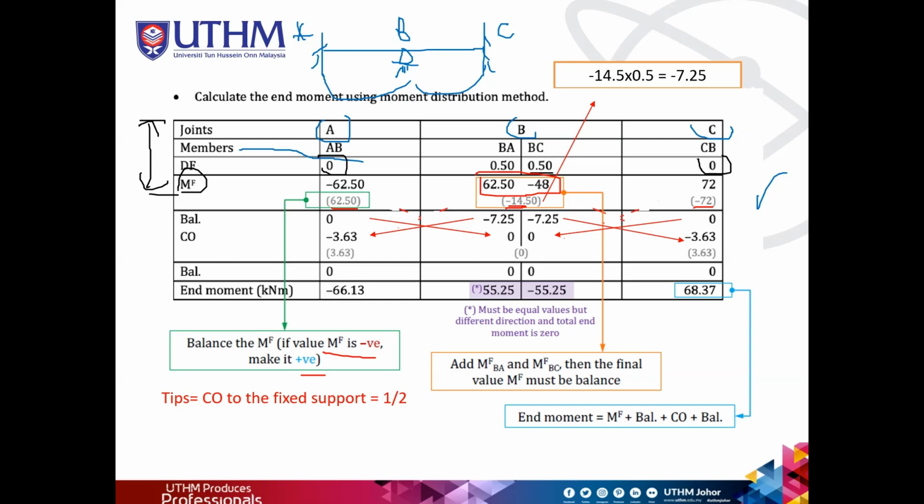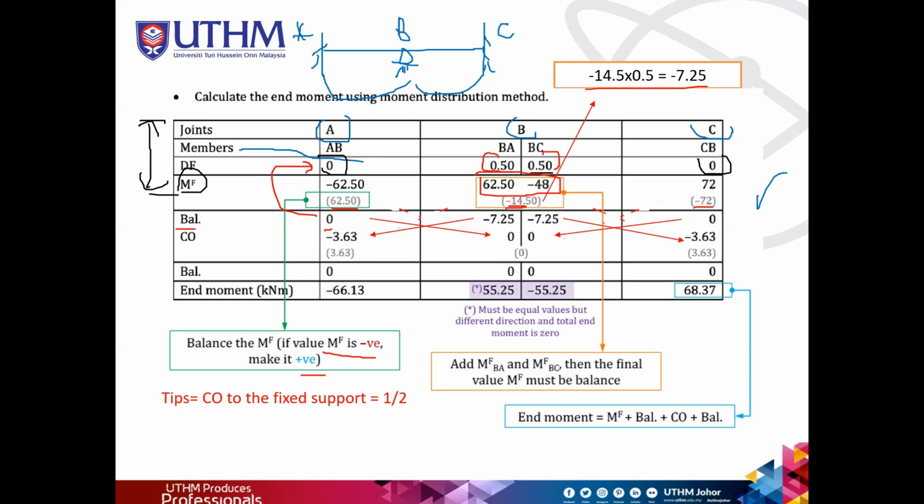Okay, then the balance of it we do in the next row. This one is 62.5, we multiply with the DF, so that's why we got 0. And this one negative 42.5, we multiply with the DF 0.5.